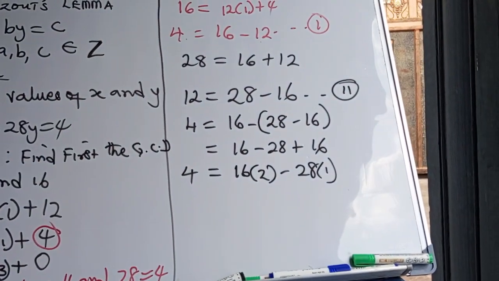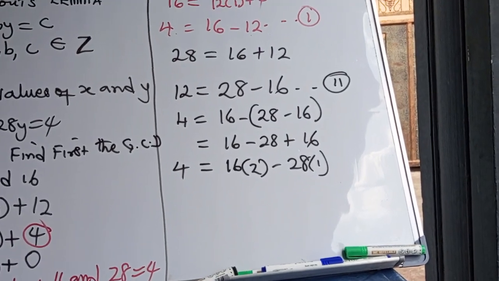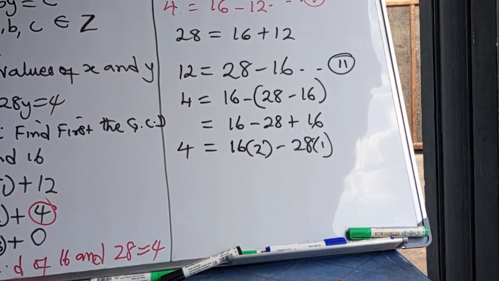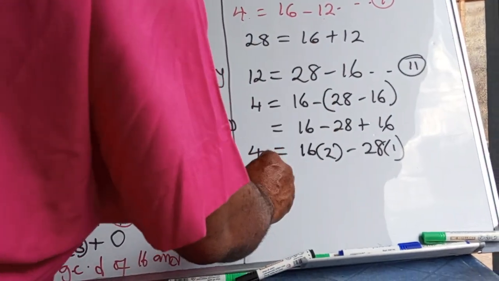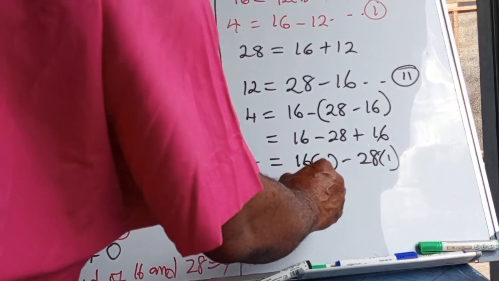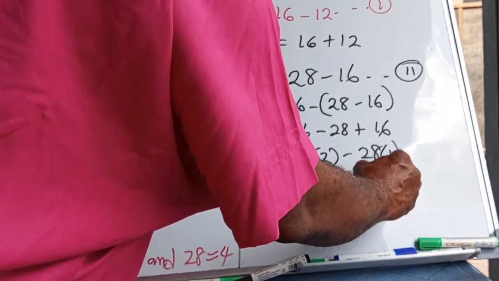So if you look at this equation now and what we were given to solve, they look alike. If I want, I will rewrite what we were given. We were given that 16x minus 28y is equal to 4.